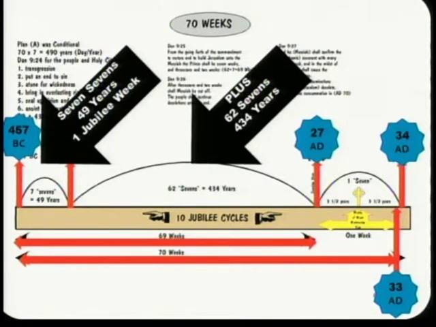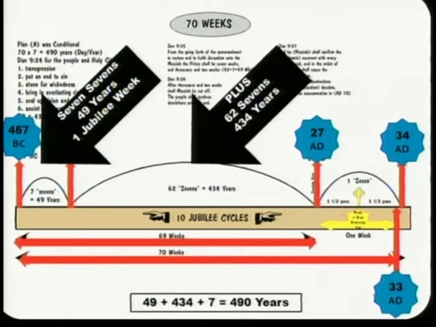Then God says, and 62 sevens. That's 434 years. So when we're done, we add everything up. We have 49 years. We have 434 years. And then we add in the final 7 years, the 70th week, for a total of 490 years.